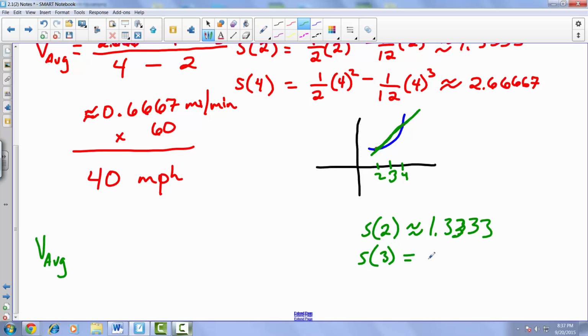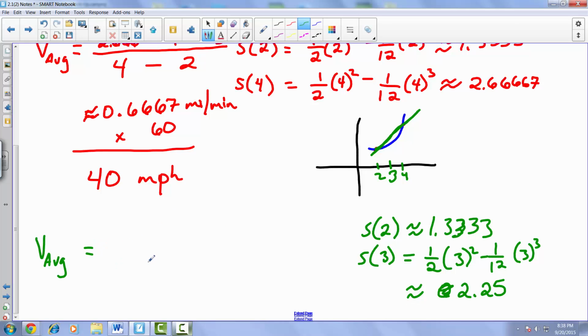When we throw 3 in there, we end up with 1/2 times 3 squared minus 1 over 12 times 3 cubed. And just for the sake of time, it comes out to be about 2.25.